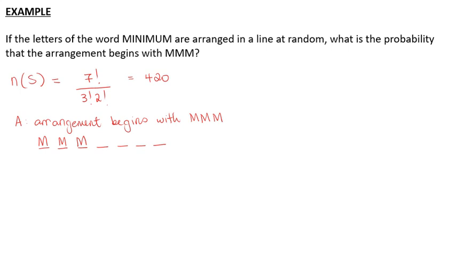So we place the MMM in those first 3 slots, which means all we need to figure out now is the number of ways of arranging the remaining 4 letters. The remaining 4 letters we have are I, N, I, U. So we have those 4 to fill in those slots, in other words, working out the number of ways of arranging those 4.